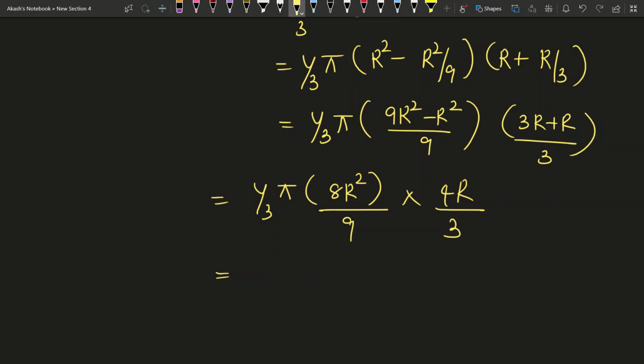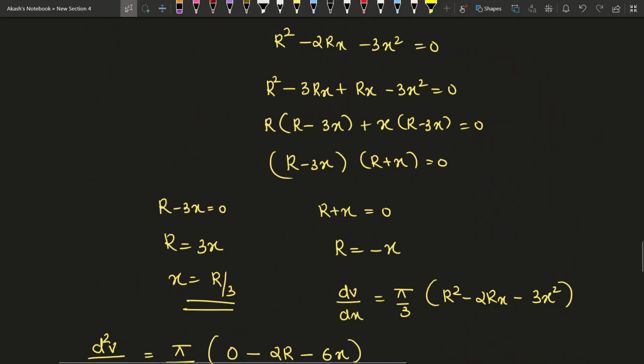If you multiply, what you will get? 8 into 4, 32. r square into r is r cube. So 32 r cube divided by 9 into 3, 27. 27 into 3, 81. So the volume of the largest cone that can be inscribed will be equal to 32 pi r cube by 81.